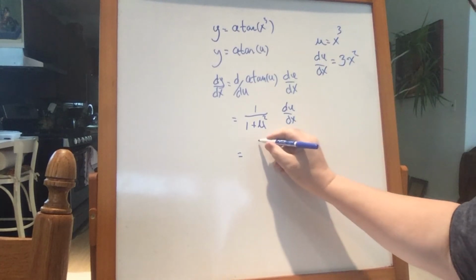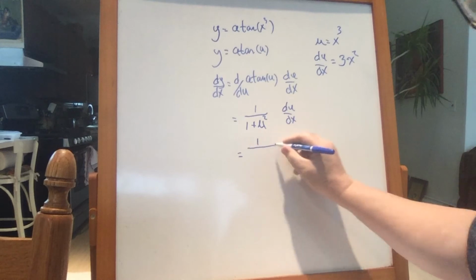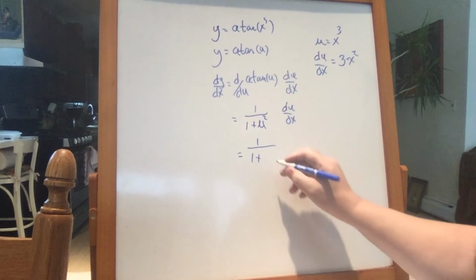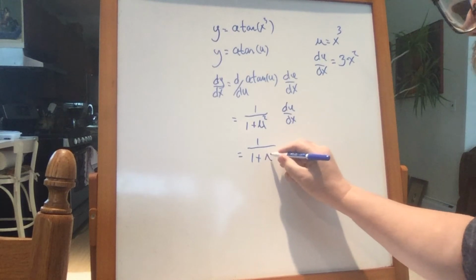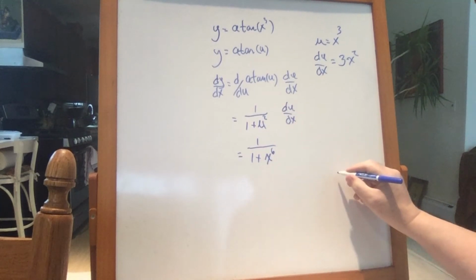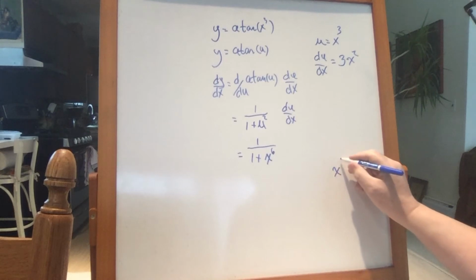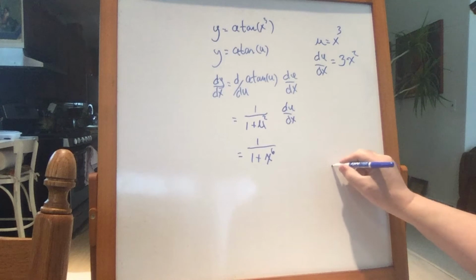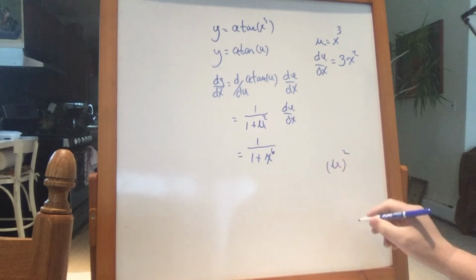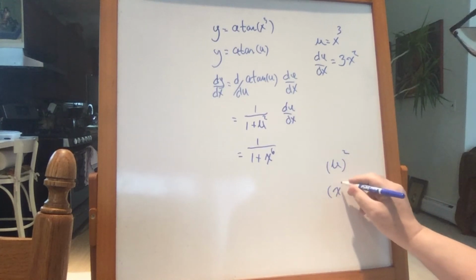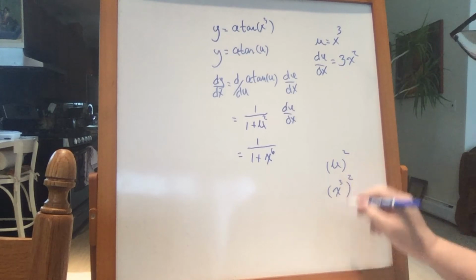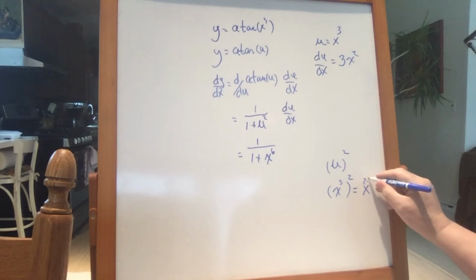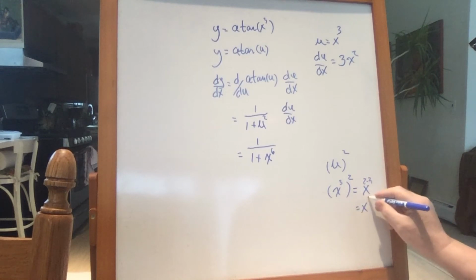So we have 1 plus u squared, well, u is x to the third squared, so that's x to the 2 times 3, which equals x to the 6.